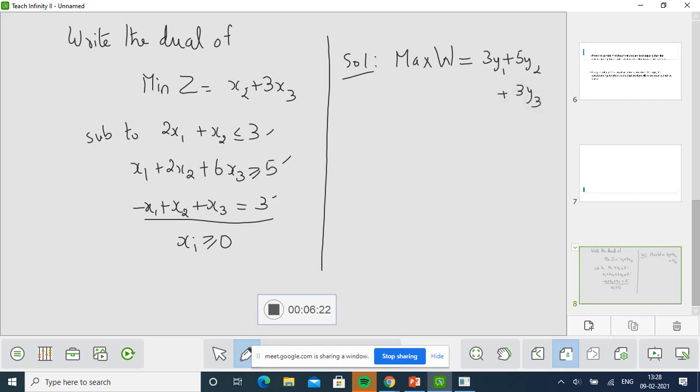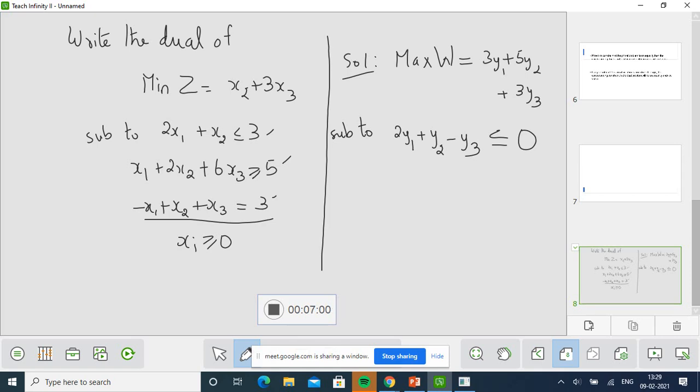This is my objective function. Subject to what will be the constraints? For the first one, I have 2y1 plus, corresponding to x1 in the second constraint, y2, then x1 in the third constraint is minus, so minus y3. I have maximization, so it is less than or equal to what I have. I don't have any x1 in the objective function, so it is less than or equal to 0.